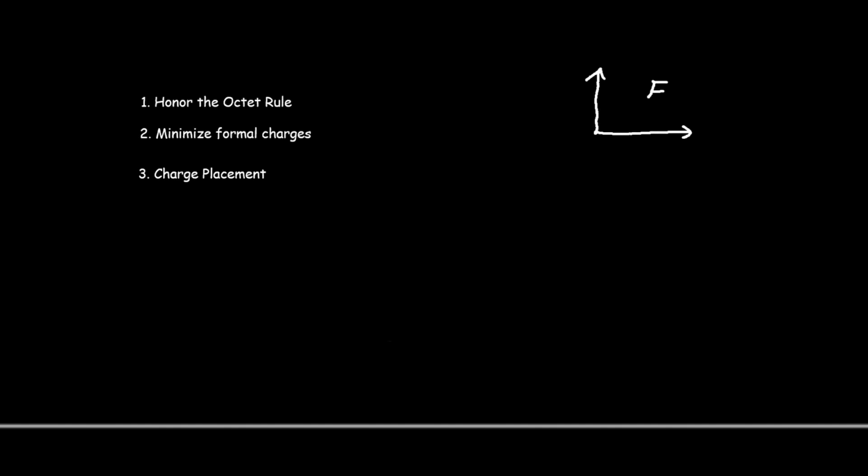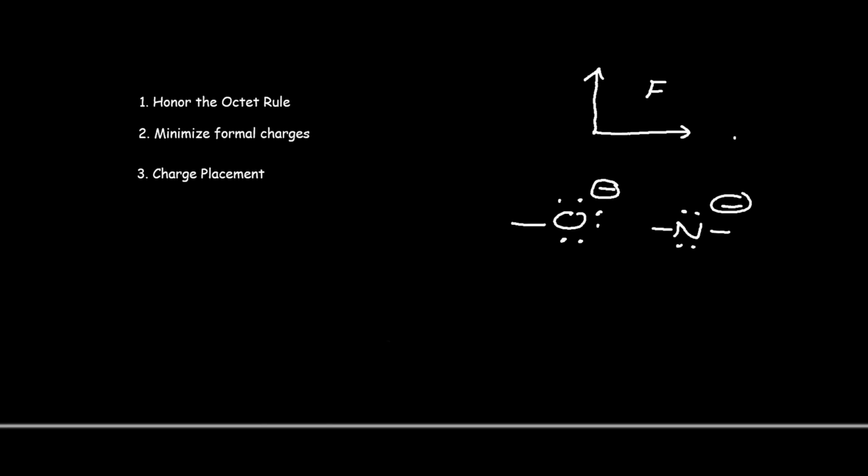Let's take a look at oxygen versus nitrogen. If we have something that looks like this, where oxygen has a negative formal charge, and then something like nitrogen that has a negative formal charge, we want the negative formal charge on the oxygen over the nitrogen because oxygen is more electronegative than nitrogen.